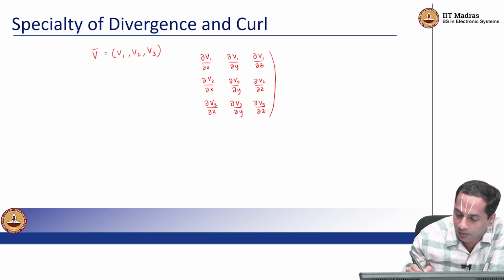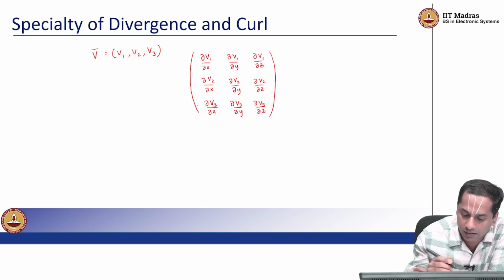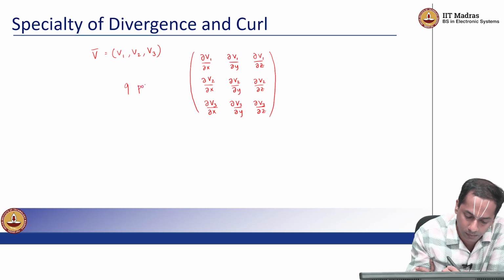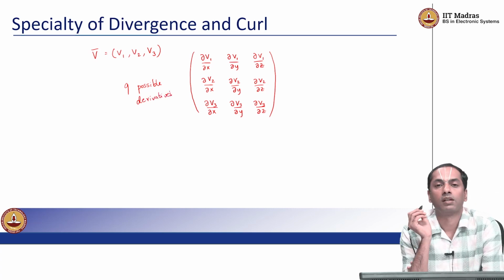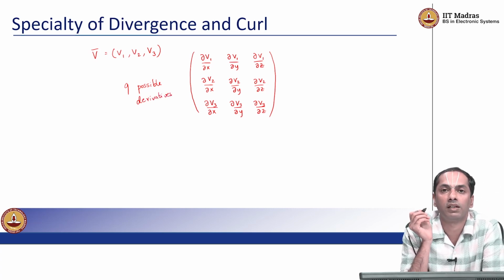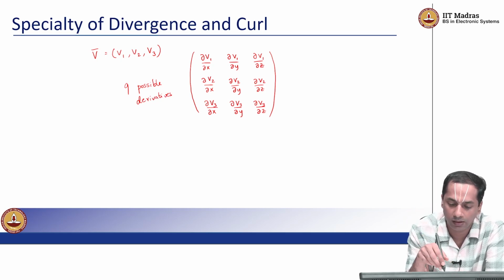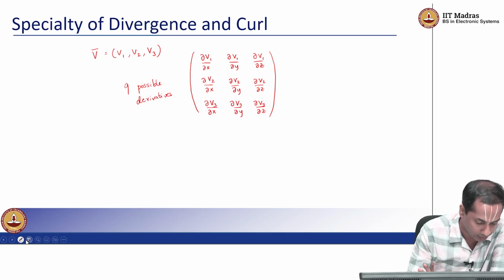If I were to combine these 9 possible derivatives, it seems like the divergence is only taking the diagonal elements.